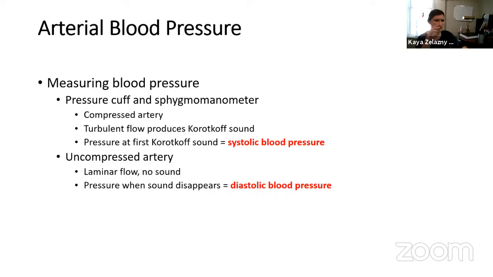But when we start to have turbulent blood flow, that creates a sound, basically, as that blood is kind of like bouncing across the walls. When we're talking about blood pressure, we call it the Korotkov sound. The pressure at the first start of this sound is the systolic blood pressure. The reason for that, right, is we've taken the cuff, we've cut off blood flow.